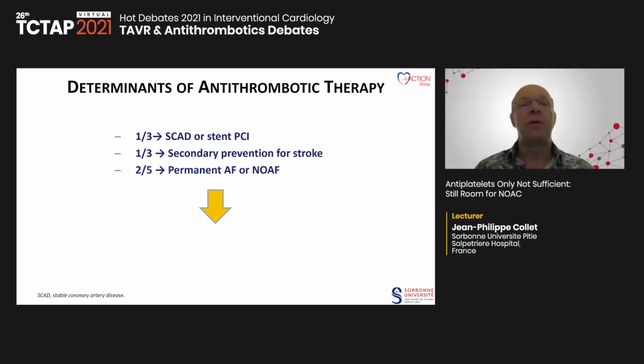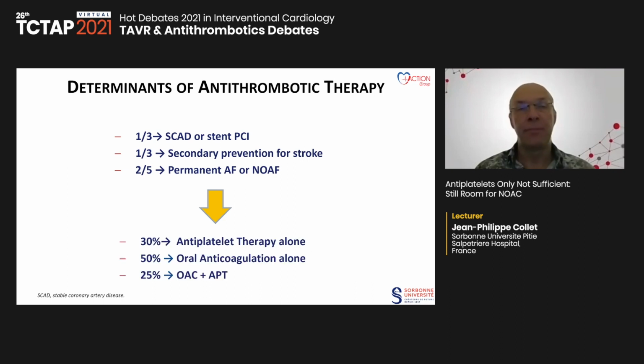Now, if we look at what drives the use of antithrombotic therapy, it is mainly the patient characteristics and the concurrent disease, including coronary artery disease, but also concomitant atrial fibrillation that is present in almost 1/3 of the patients.